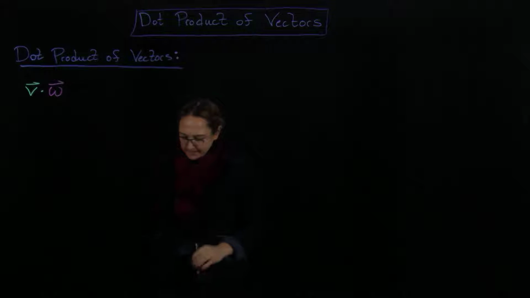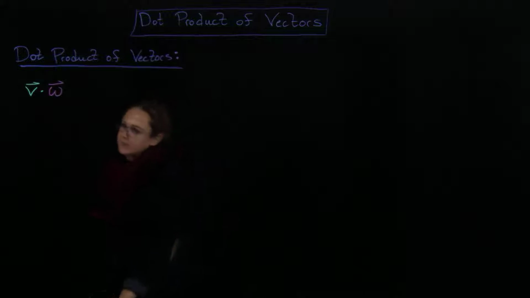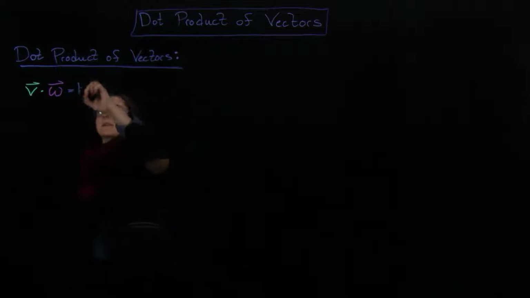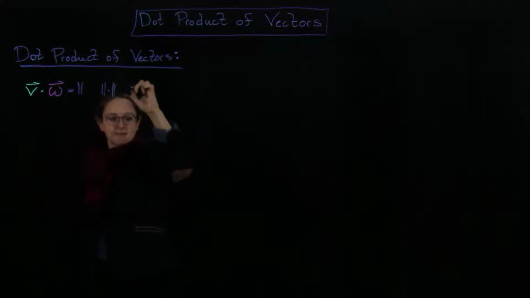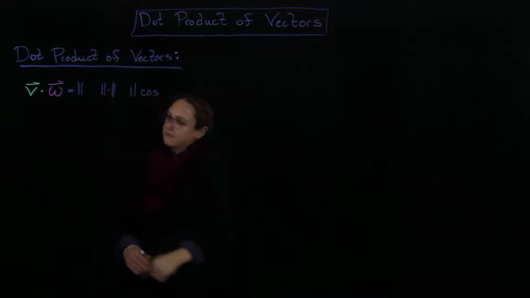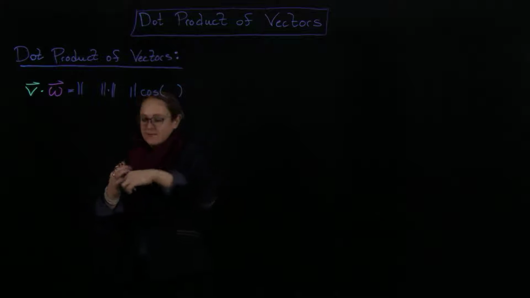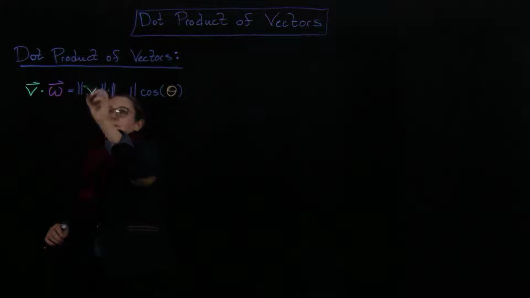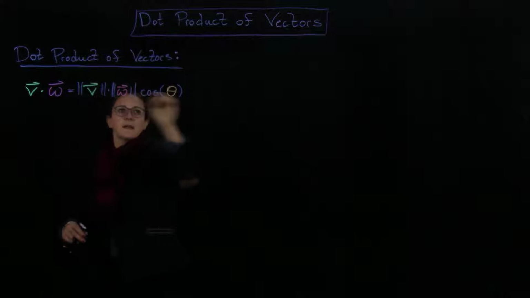Okay, so this is going to equal, there are two ways to look at this. One is that it's going to equal the product of the lengths of these vectors multiplied by cosine of theta. So we're going to take the length of v times the length of w, and then cosine theta.